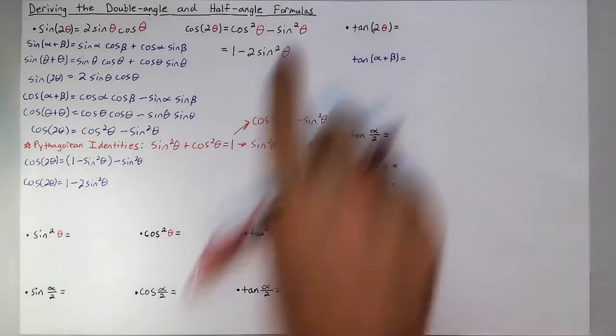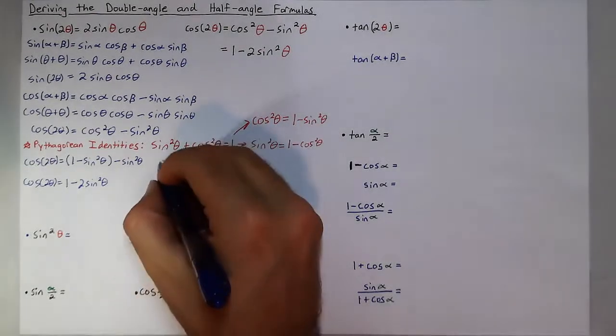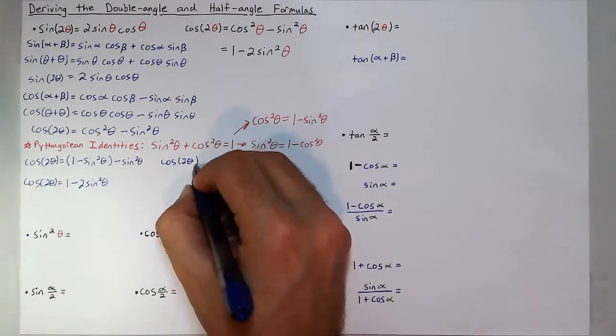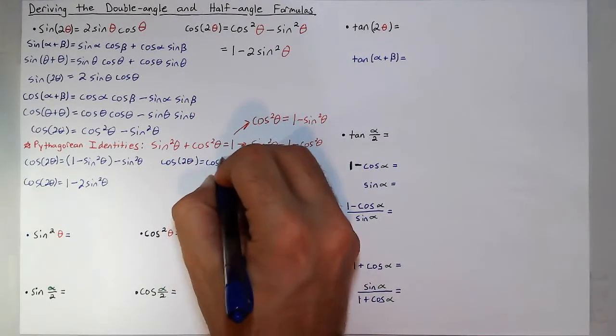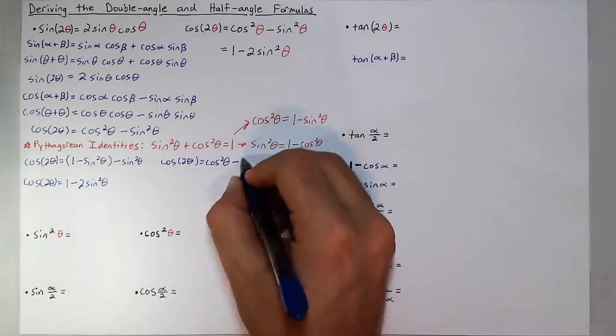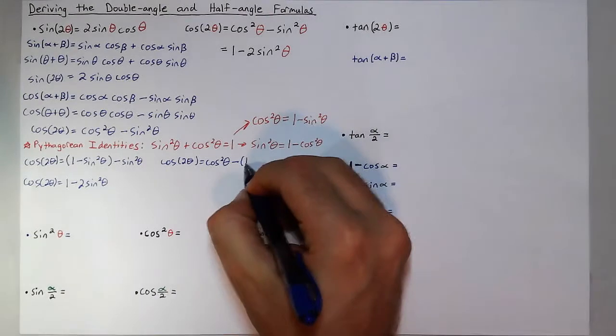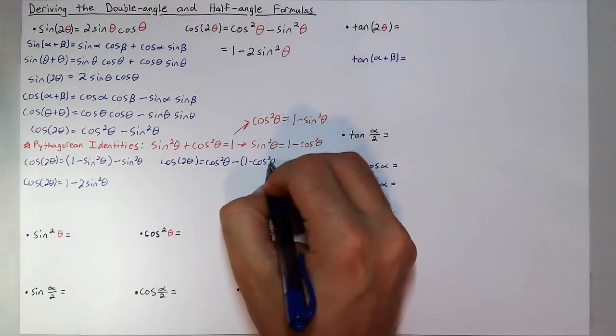But if I take cosine of 2 theta, and now I'll keep cosine squared in there, but I'll subtract a different form of sine squared known as 1 minus cosine squared of theta.